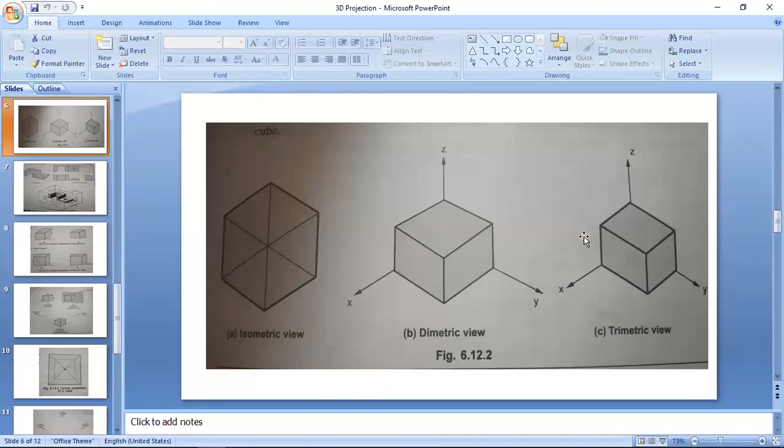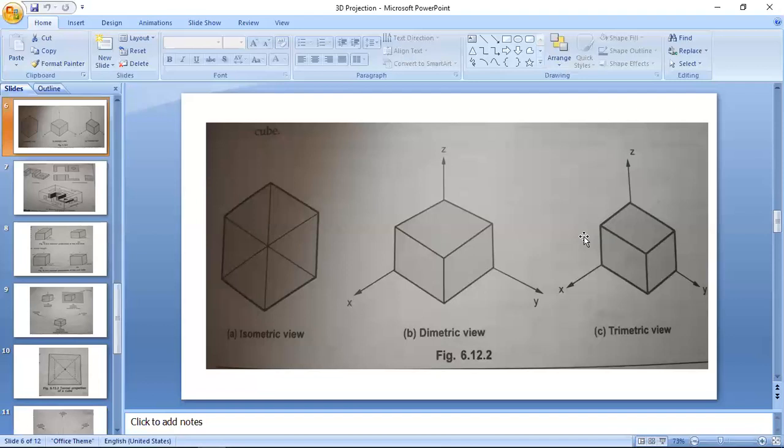So till now, let's revise it fast. First, there are two basic types of projections. First one is parallel, second one is perspective. Parallel again gets classified into orthographic parallel projection and oblique parallel projection. Orthographic projection is again classified into axonometric orthographic projection and multi-view orthographic projection.